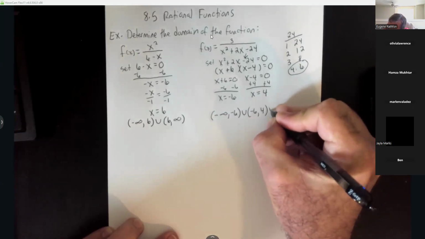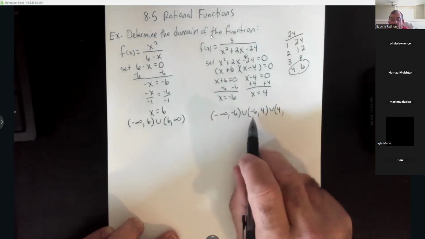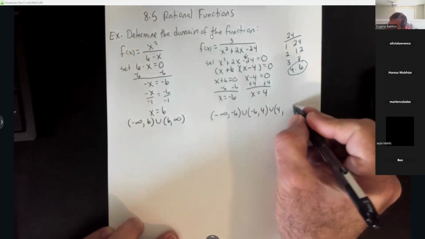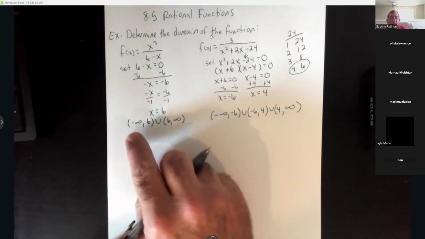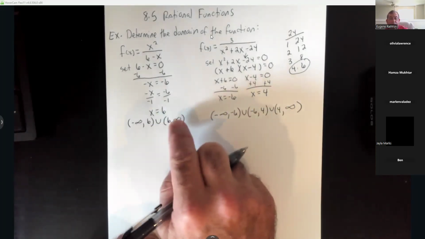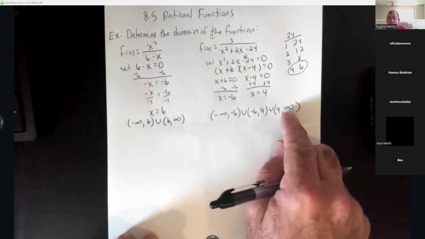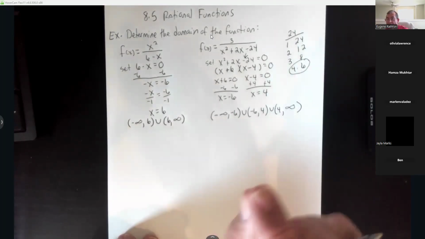So we're going to union right around that 4. And then there's no other numbers I can kick out. So I'm good as I head off towards positive infinity. On the domains, they're all going to start at negative infinity and end at positive infinity. All you're doing is unioning around any numbers that you got to kick out.